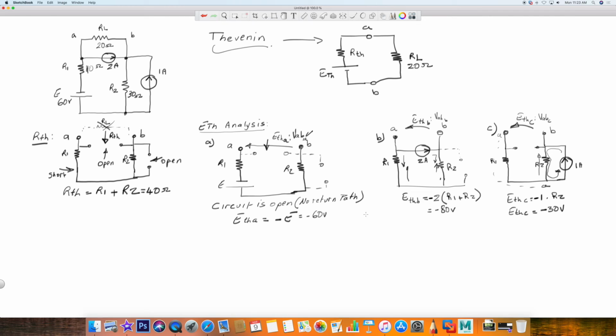Excellent. So at this stage, we will be interested in the total ETH, which would be the sum of the partial ETH.